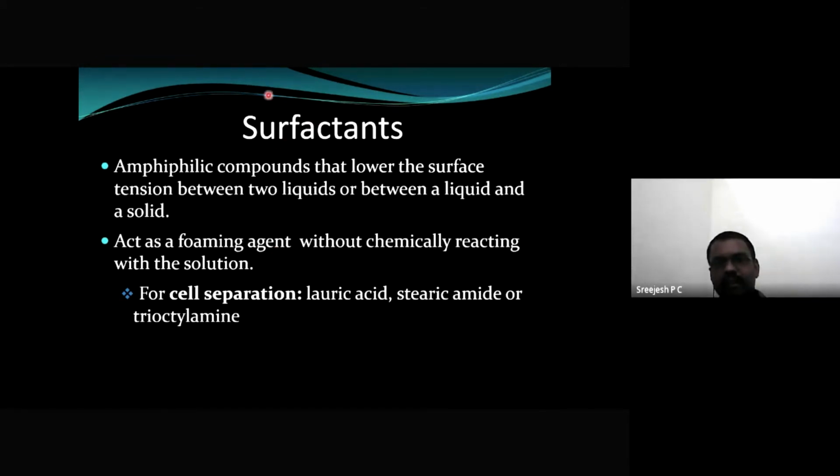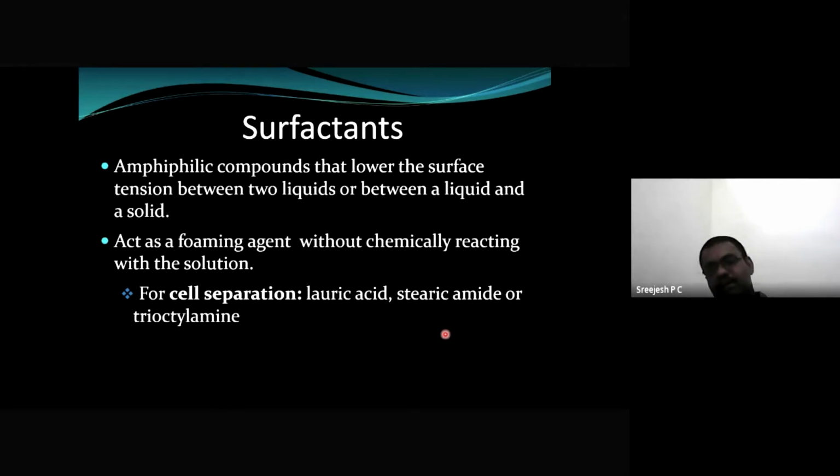But whatever surfactants we are going to use here should not chemically react with our fermented broth. If it reacts with the fermented broth, we cannot use it. So normally in fermentation, we try to avoid the use of surfactants because many of the surfactants later will be a contaminant in the fermentation broth.